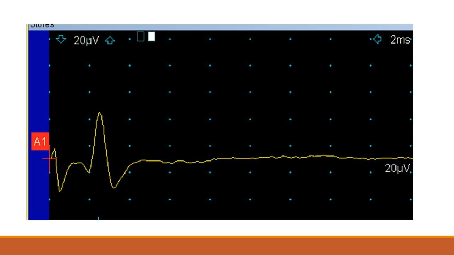And the same with your latencies. So 2 milliseconds, that means from here to here is 2 milliseconds. So your onset's definitely 2. Your peak here is maybe 2.5, 2.6. You should be able to do this within a 0.1 or 0.2 millisecond thing.